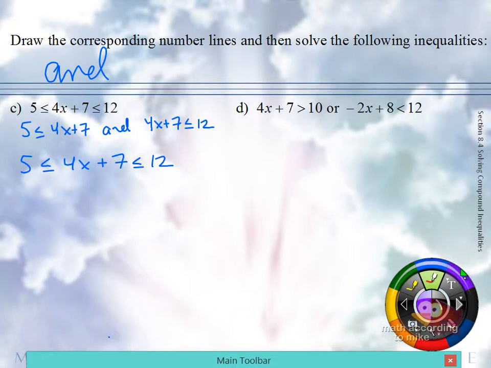Thinking about the inside, what do I get rid of first? Subtract 7. And then what do I do? Divide by 4. Since 4 is positive, no changing of signs.